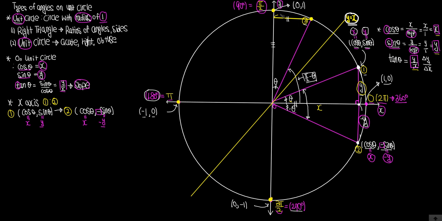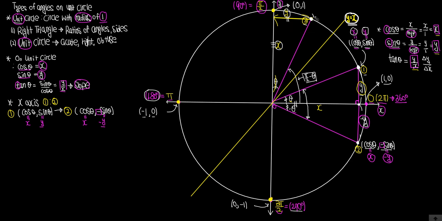So the y value will now be the x value, and the x value will now be the y value for the angular rotation of pi over 2 minus theta. Now we have the y value as x and the x value as y, and that is the main property of y is equal to x. Using this property, we can easily solve for a coordinate without even thinking about it.